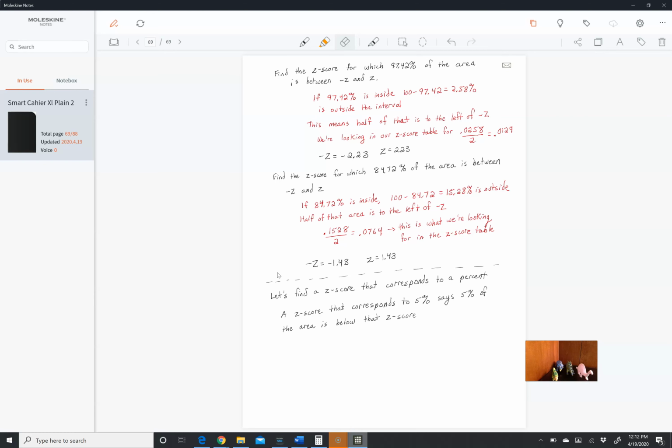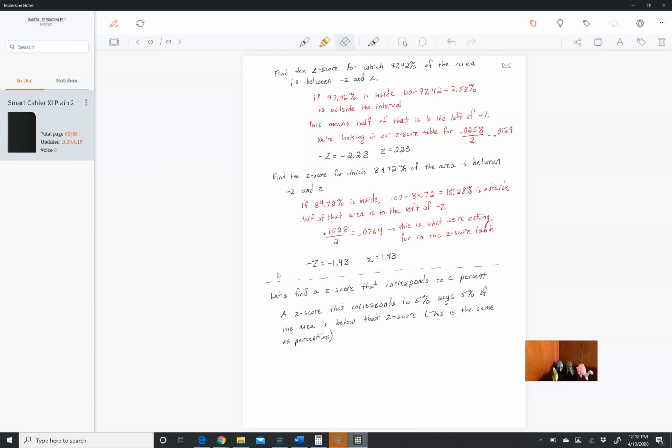Just as a reminder, this is the same as percentiles. It's just that we're finding z-scores instead of the actual numbers, which we'll do in a couple of minutes.